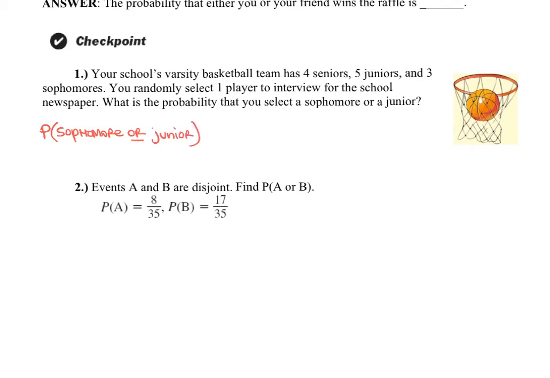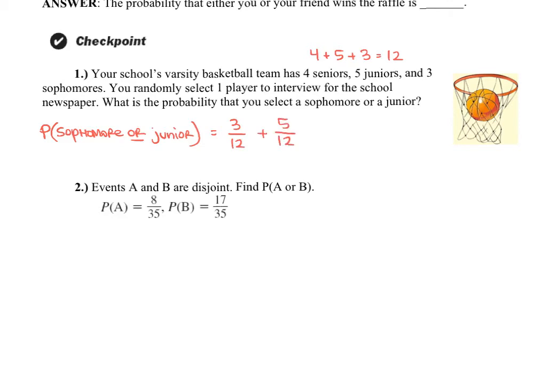Well, on this one I need to figure out how many total people I have, so I need to add my total amount of people, so that's 4 plus 5 plus 3. So I have 12 total varsity basketball athletes. So the number of sophomores would be 3 out of 12. And the number of juniors is 5 out of 12.